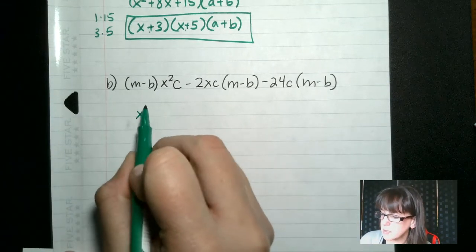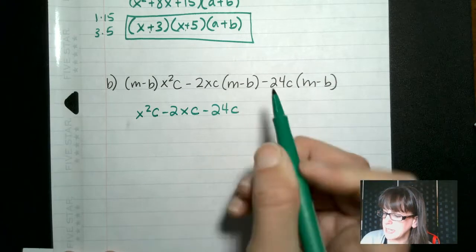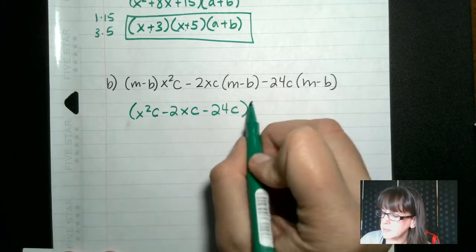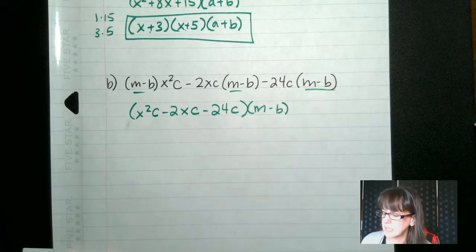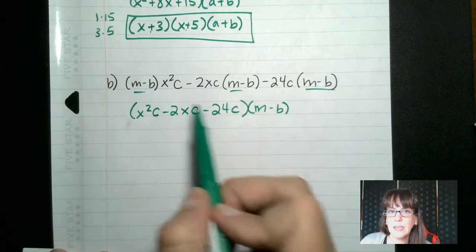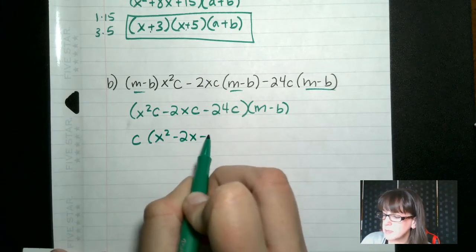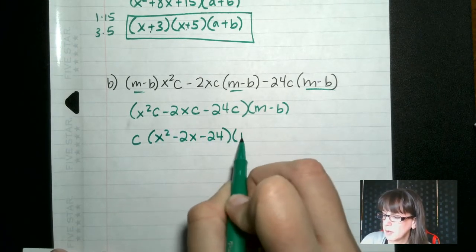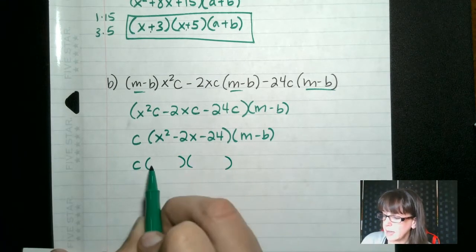All right, let's try this one. We have x squared c minus 2xc minus 24c, all of that times m minus b, and it only works because each of these things are exactly the same. In here we have a c that we can get rid of, so we get x squared minus 2x minus 24, times m minus b. Then we've got this x.